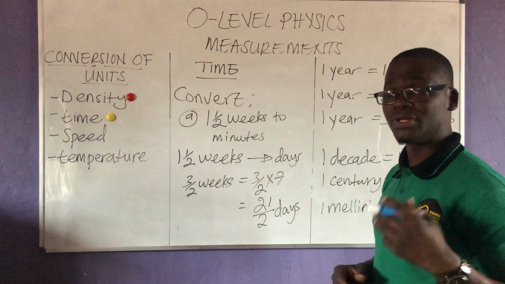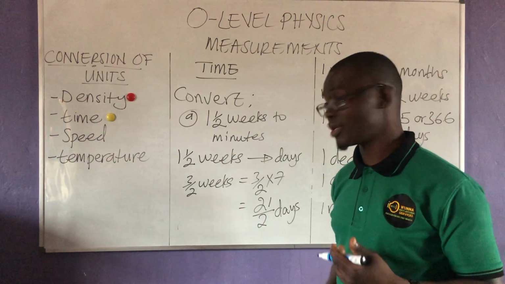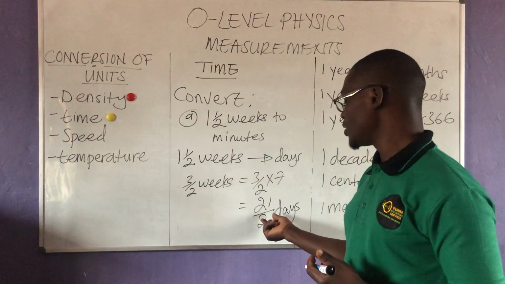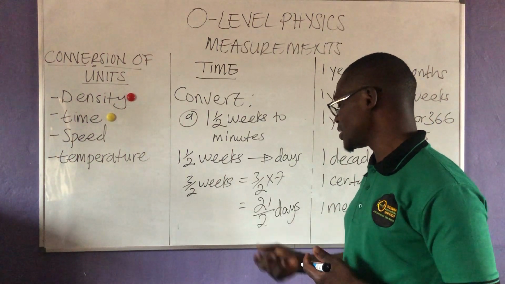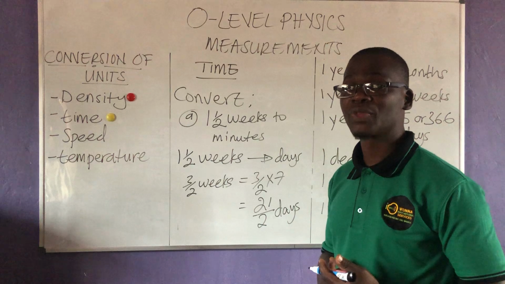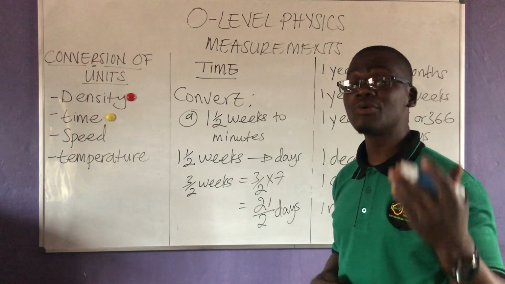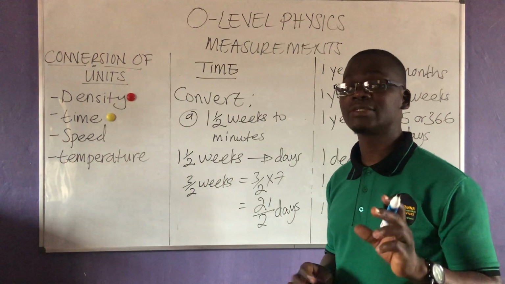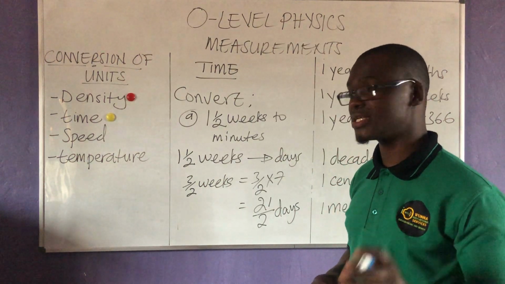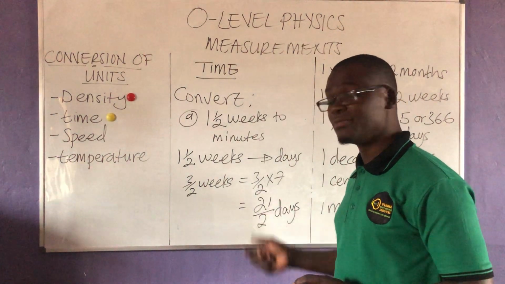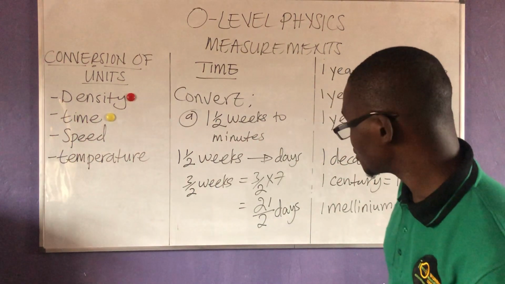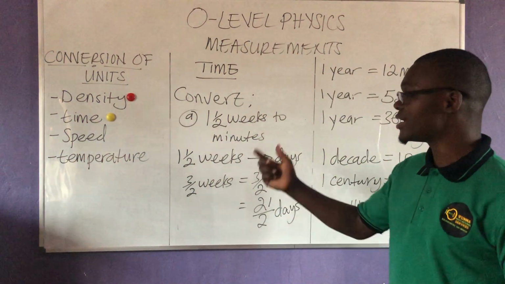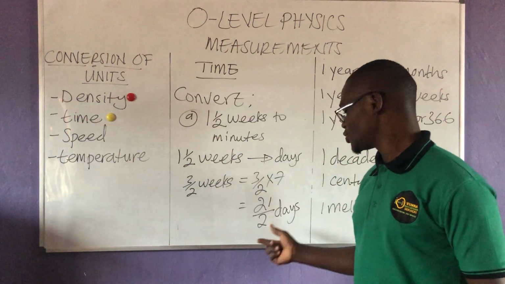I request that you leave them in fraction form, because when you express these in decimals, sometimes we shall have to round off, and rounding off may cause errors in our final answer. So I request that you leave them as fractions. So we have changed the 1.5 weeks to days.